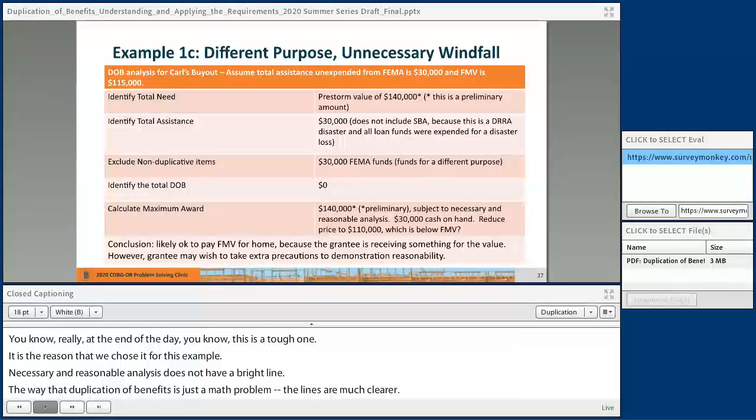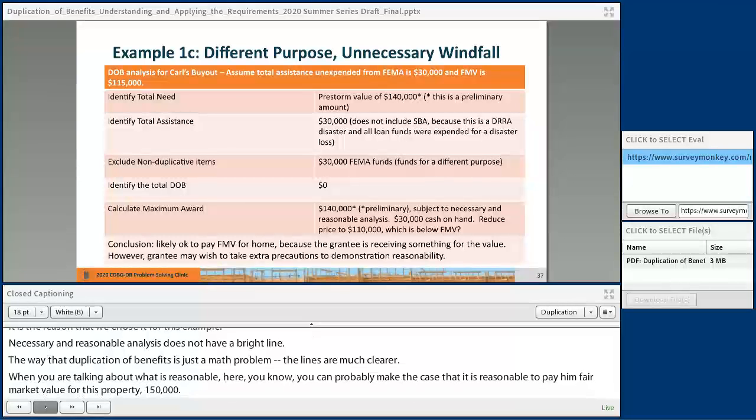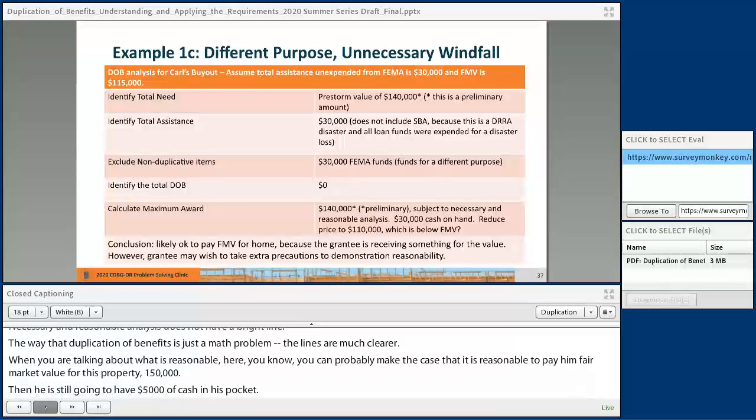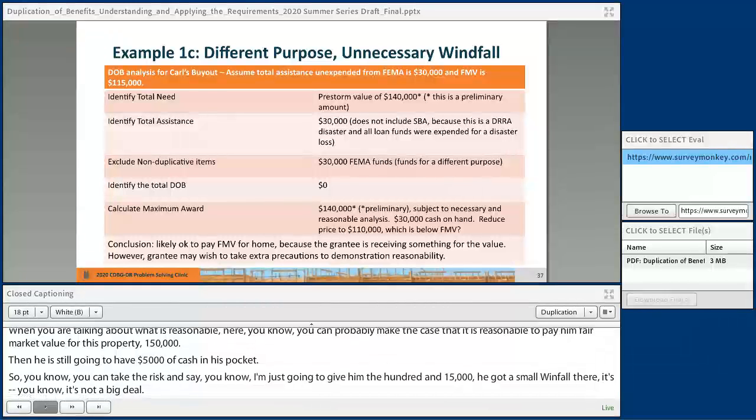Then he's still going to have $5,000 of cash in his pocket. So you can take the risk and say, I'm just going to give him the 115, and he got a small windfall there, but it's not a big deal. Or that is a risk and probably not recommended. The best case scenario would be to just take some extra precautions to demonstrate reasonability.